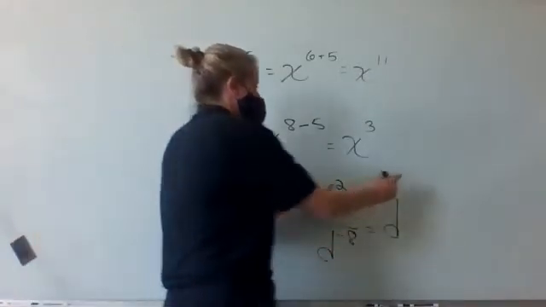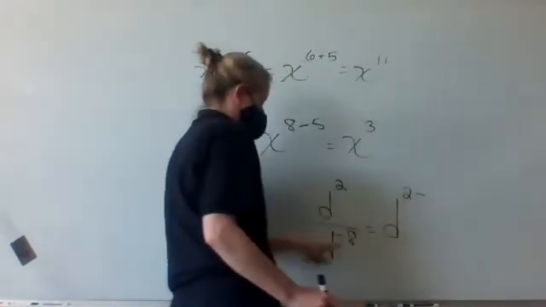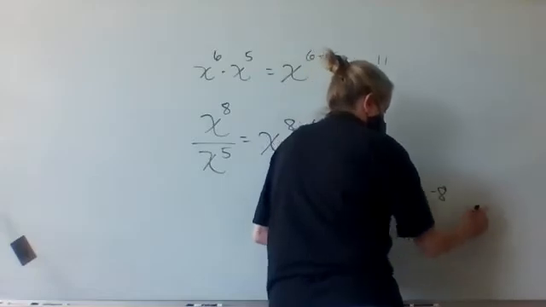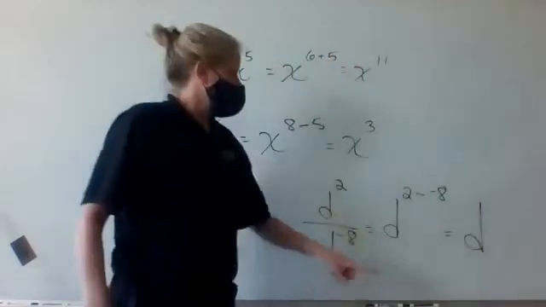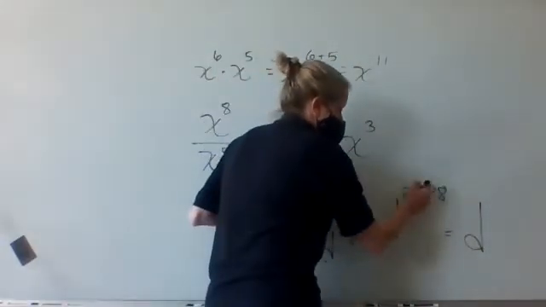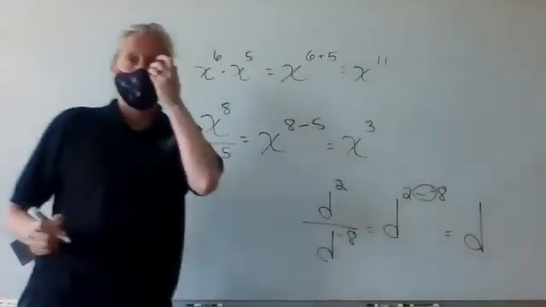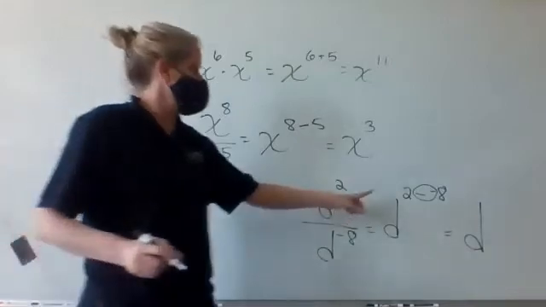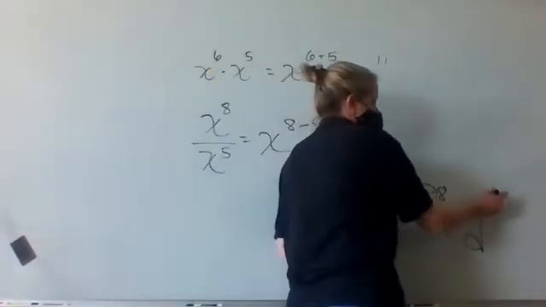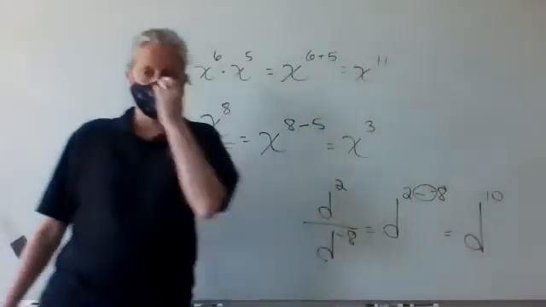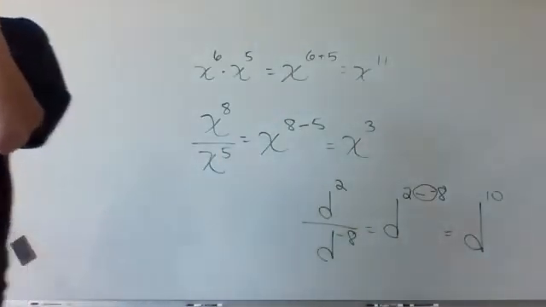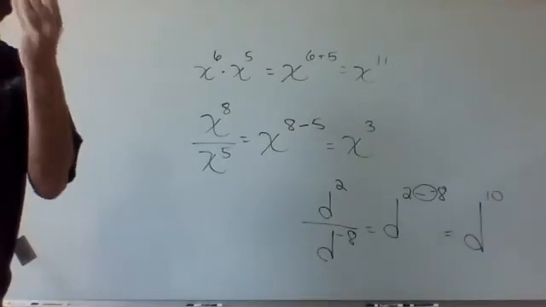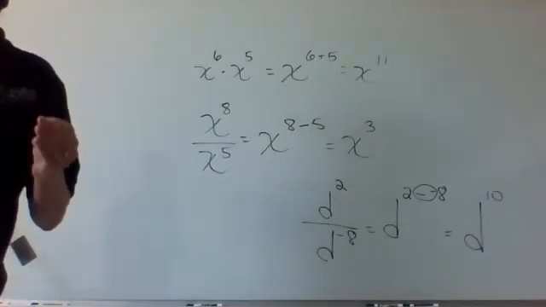So that would be what? 2 minus negative 8. What does this mean, though? You're going to add those, actually, right? You're subtracting a negative, which really means 2 plus 8, which gives you 10. So you only ended up adding, though, because why? Because you were subtracting a negative.